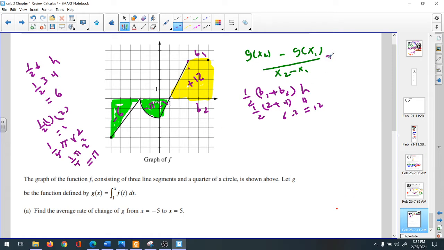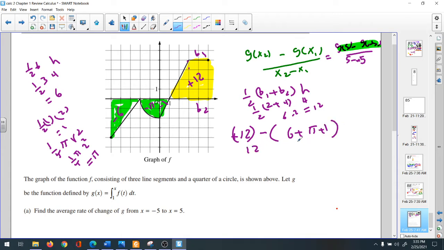So this expression, g of 5 minus g of -5, divided by 5 minus negative 5, is represented by the integral result. The integral result is 12, which is positive, and then you have negative 6, negative 1, and negative pi.